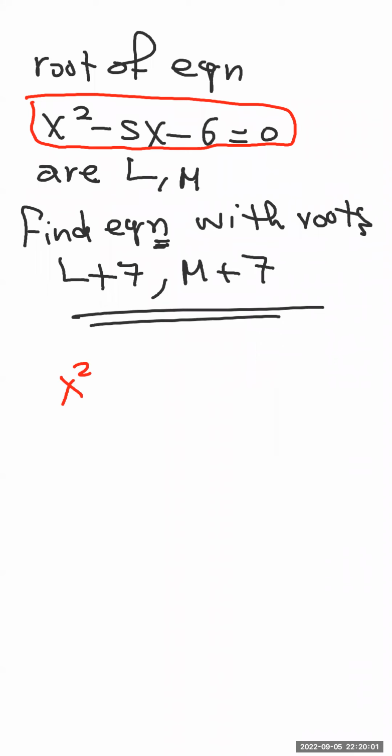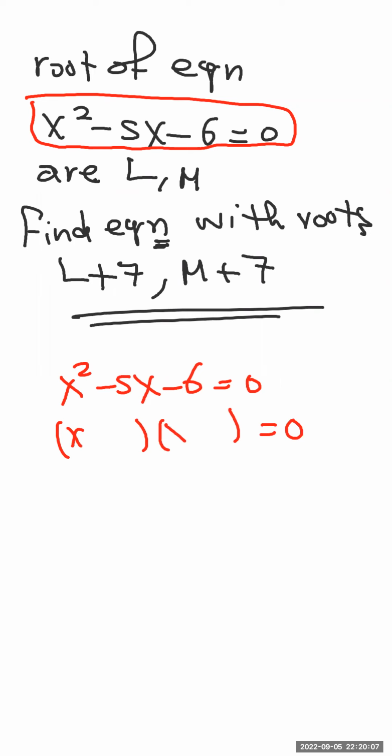x squared minus 5x minus 6 equals 0, factorize: (x )(x ) equals 0. Two numbers, their product is 6, their difference is 5: 1 and 6. The last term is negative, so the greater number will be negative like the middle term. So this is negative and this is positive. So x equals negative 1, x equals 6.